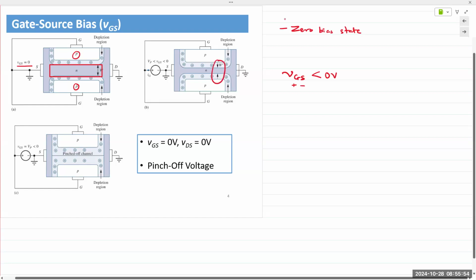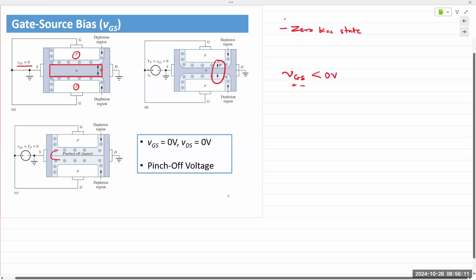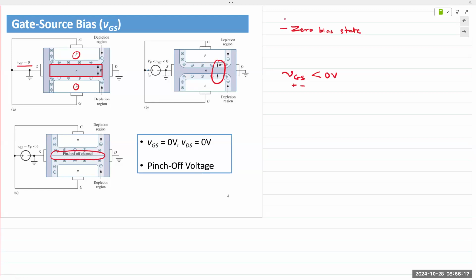Shown right here. Depletion region expands, and because the depletion region is expanding, the channel width is shrinking. And eventually, if the reverse bias increases, at one point the depletion region will meet in the middle, resulting in a pinched off channel, meaning no more flow of electrons.